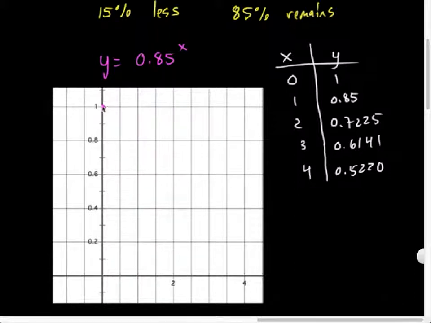And so we have 100% at 0 feet, 0.85, and then 0.72. No, that's 90, isn't it? Yeah, that is. There's 0.85. Here's 0.7, so 0.72, and then 0.61, and then 0.522. And this is actually going to end up being asymptotic with the x-axis here. But theoretically, you would never get rid of all of the impurities.